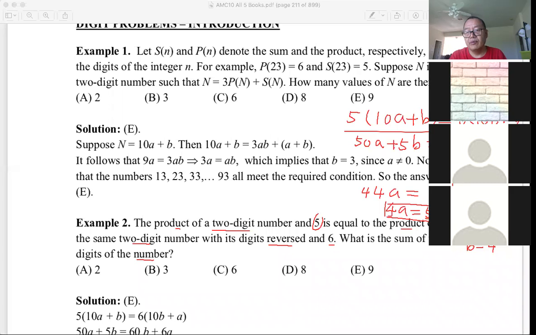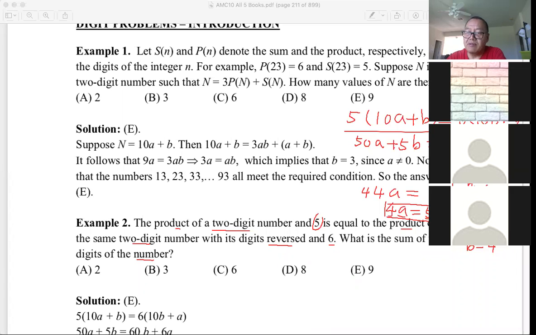No other choices. The 10th digit has to be A, the 1st digit is B, and also 4 times A equals 5 times B. A and B are all integers, right? A is from 1 to 9, because this is a two-digit number. A cannot be 0.